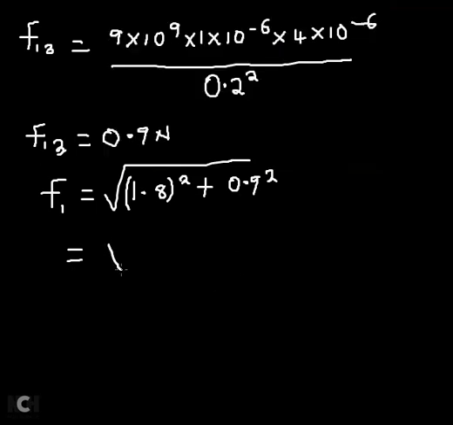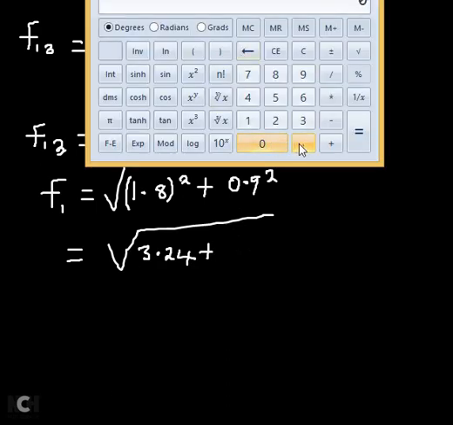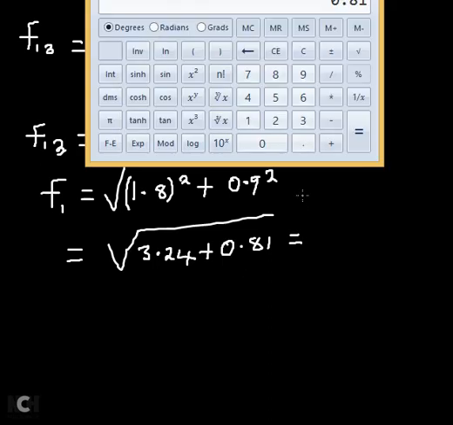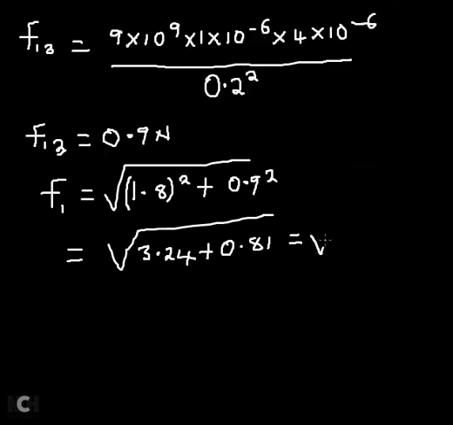Then plus 0.9 squared, 0.81. If I add that, I will end up having 4.05, the square root of 4.05.